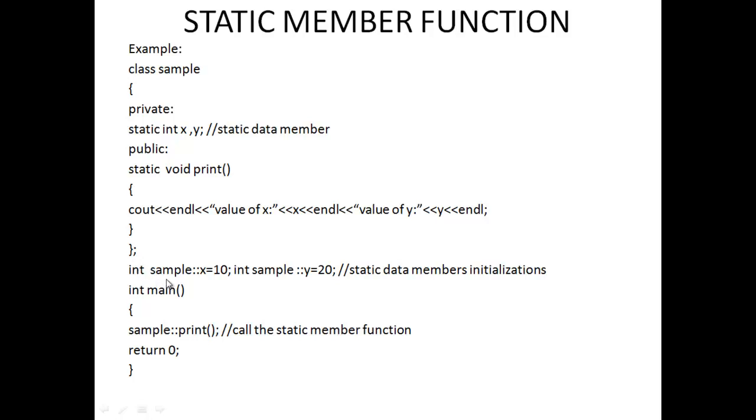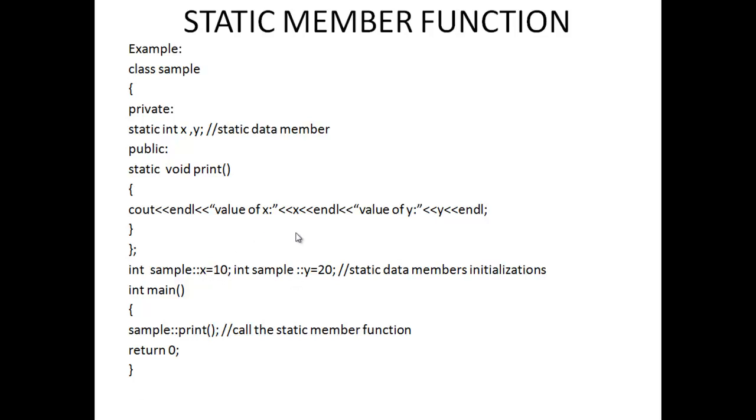First we input the values of the static data members. It is a simple, normal procedure: data type, then class name, scope resolution operator, and x, assignment operator, 10. That means 10 is assigned to the data member x, which is the static data member.